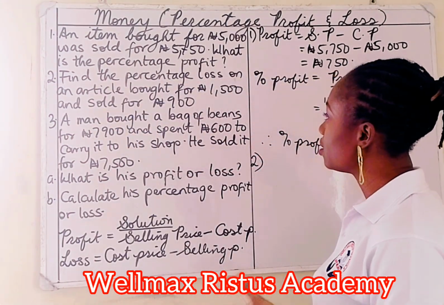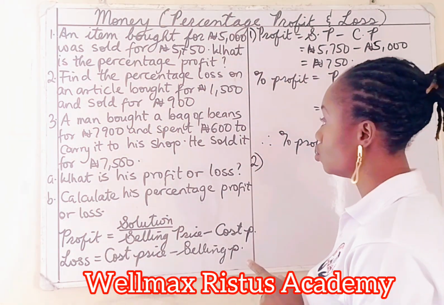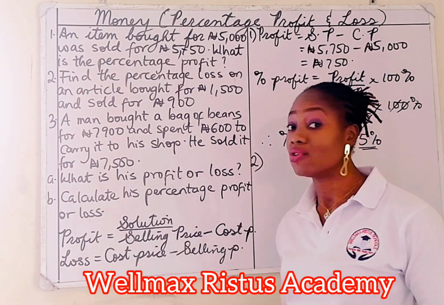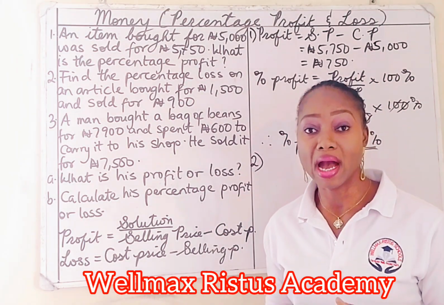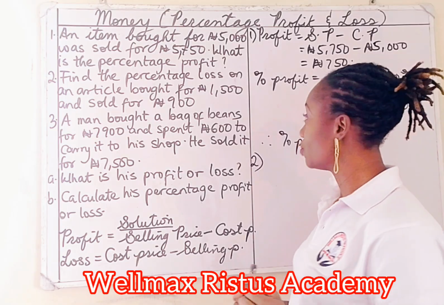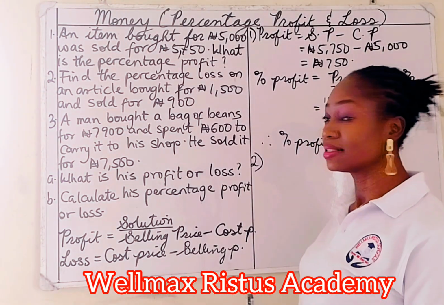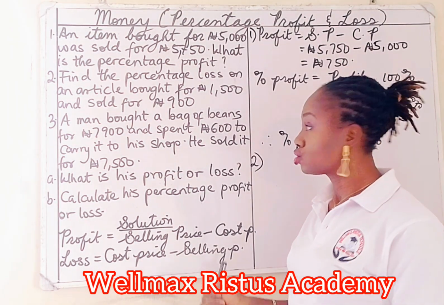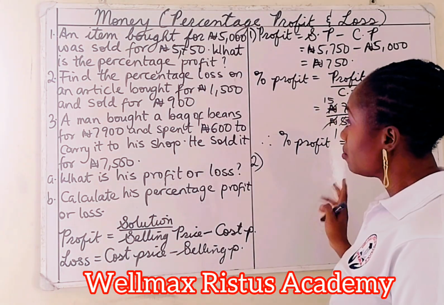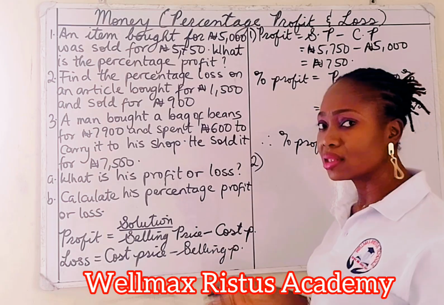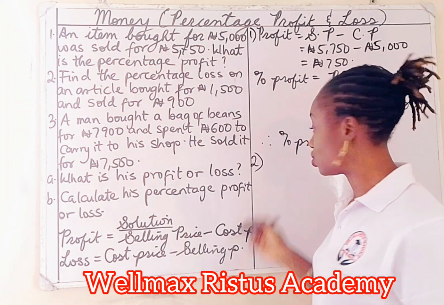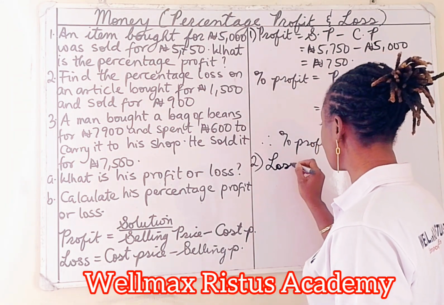Question 2 says, find the percentage loss on an article bought for 1,500 naira and sold for 900 naira. Wow, that's a huge loss, right? So, after buying an article for 1,500 naira, you now sold it less than the cost price. That's a loss already. So, loss equals what?